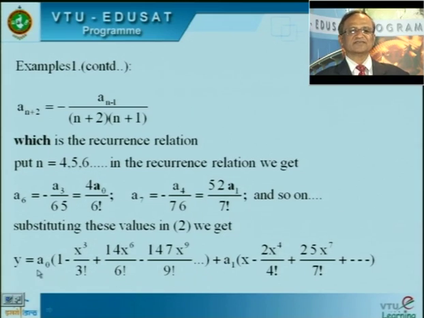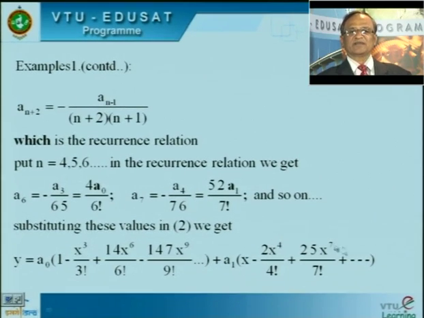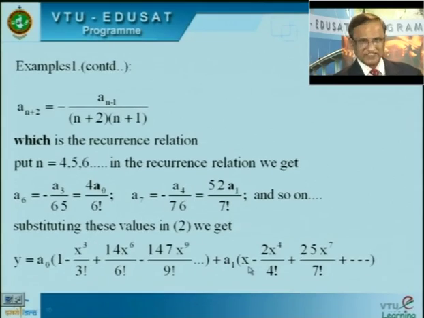So you will get y is equal to a0 into 1 minus x to the power 3 divided by 3 factorial plus 1 into 4 into x to the power 6 divided by 6 factorial minus 1 into 4 into 7 x to the power 9 divided by 9 factorial and so on, right. Plus what are the coefficients of a1? I will collect and write down in this form: a1 into x minus 2 x to the power 4 divided by 4 factorial plus 2 into 5 into x raised to 7 by 7 factorial and so on. And this becomes the solution of the given differential equation.